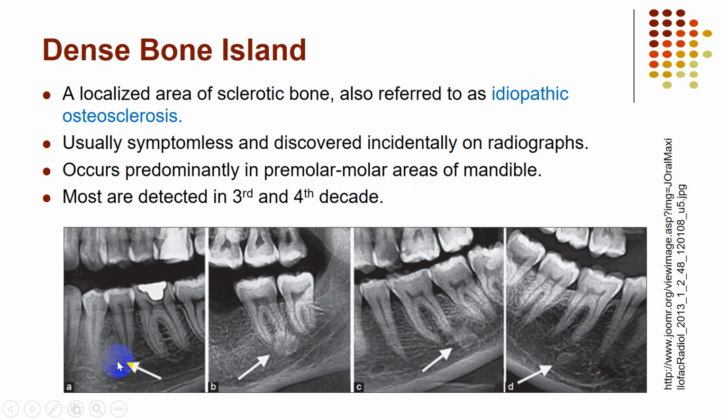They enter in the differential diagnosis of condensing osteitis also sometimes, or let us say focal sclerotic osteomyelitis. Or just ignore what I said at the end of the differential diagnosis.